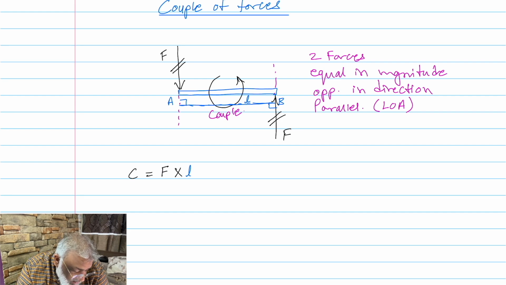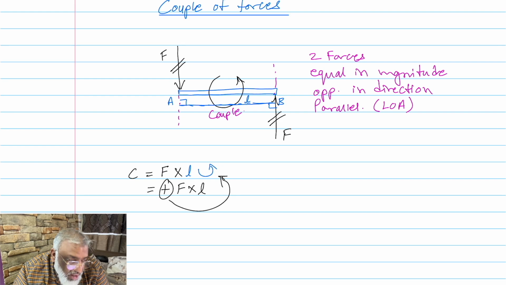Again this couple is in the anti-clockwise direction, so this couple will be written as plus F into L. From where this plus comes? It comes from the anti-clockwise direction. If you remember, in case of rotary effect, anti-clockwise is positive, clockwise is negative.